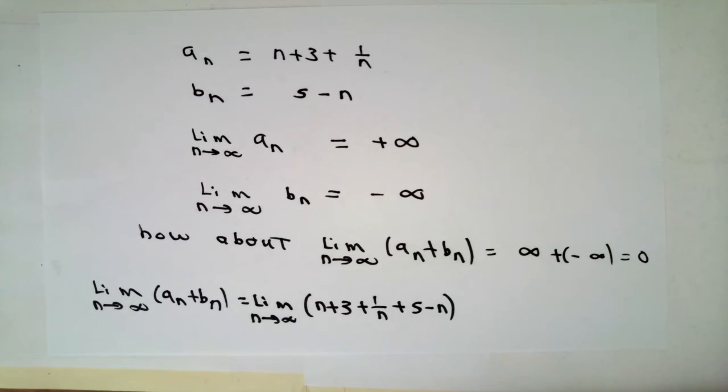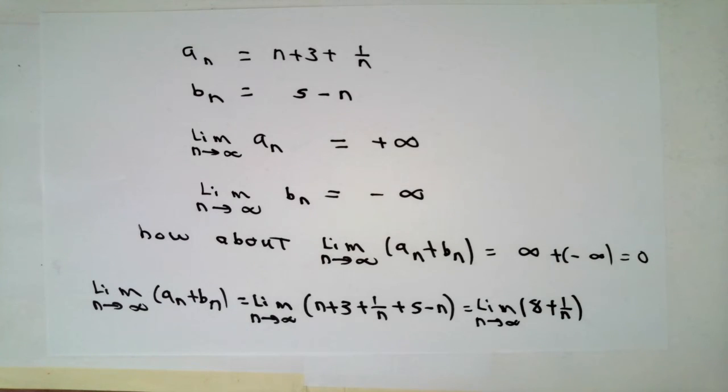For each individual index n, bn, 5 minus n, is a perfectly good number. When I'm calculating the limit of an plus bn, I am calculating the limit of n plus 3 plus 1 over n plus 5 minus n.